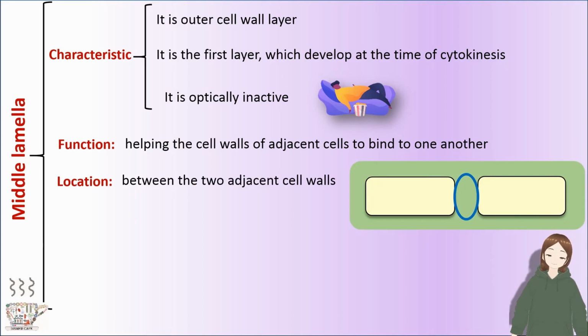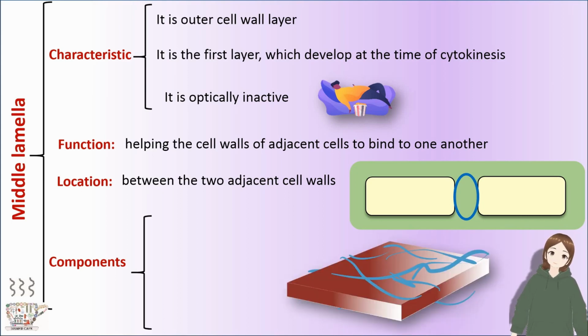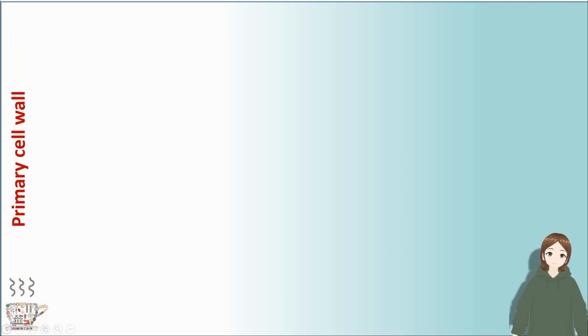It is located between the two adjacent cell walls. Components of Middle Lamella are cellulose, proteins, pectin, magnesium, and calcium.